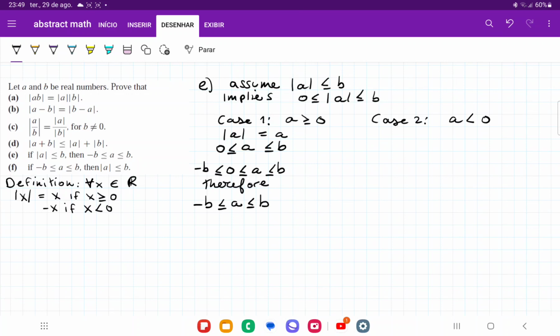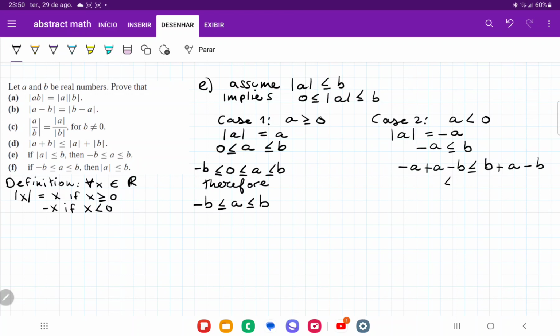So where case A is less than 0, we're going to have that the absolute value of A is equal to minus A. And we have that minus A is less than or equal to B, because the absolute value of A is less than or equal to B. And so this implies that if we subtract B and add A to both sides, so I'm going to go minus A plus A minus B is less than or equal to B plus A minus B. So all I've done is I've added A minus B to both sides.